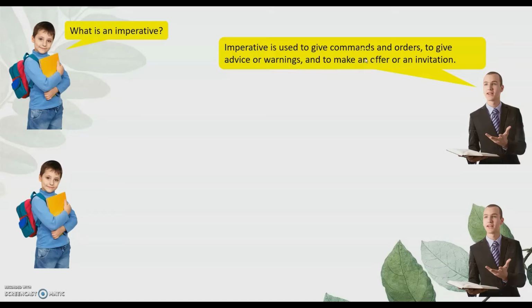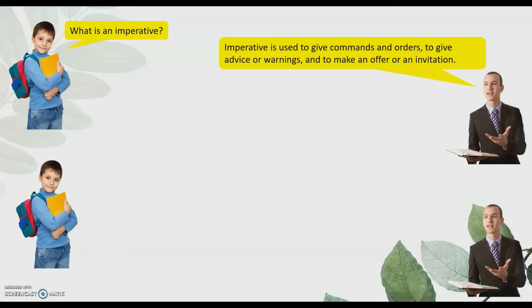Okay, to give advice in Bahasa Melayu is memberi nasihat, and warning in Bahasa Melayu is memberi amaran. Okay, so imperative is used to give advice and also warnings.